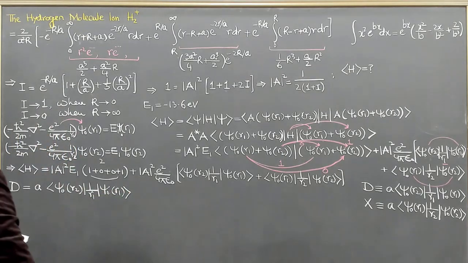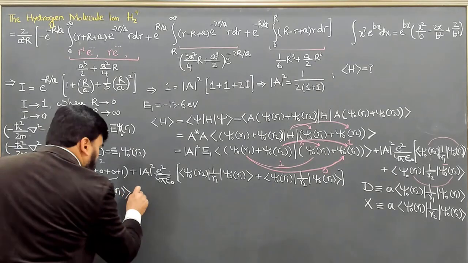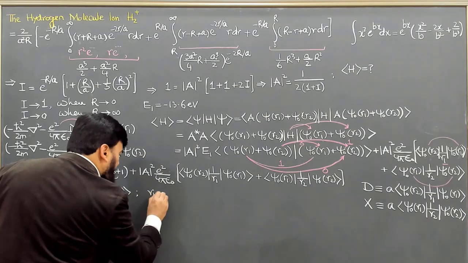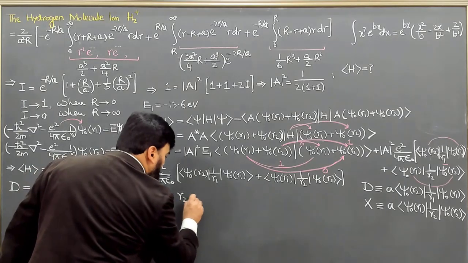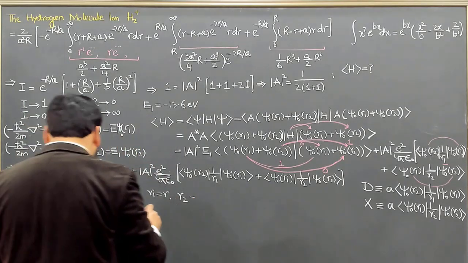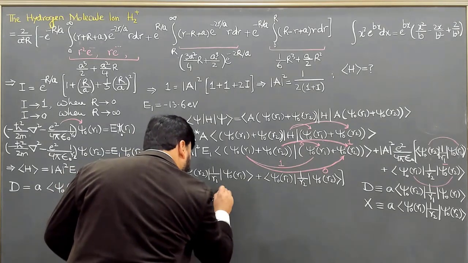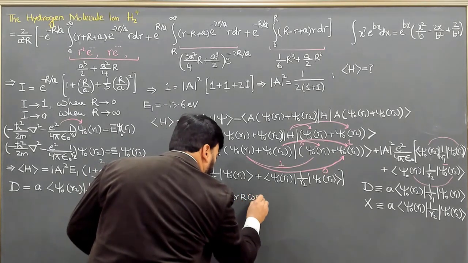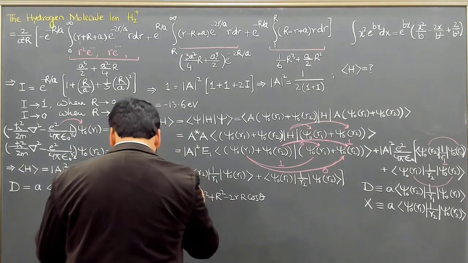If I put the values here, it is the same as where we have a rotated geometry along the z-axis, that r1 is equal to r and r2 is equal to the square root of r square plus a square minus 2ra cos of the angle.